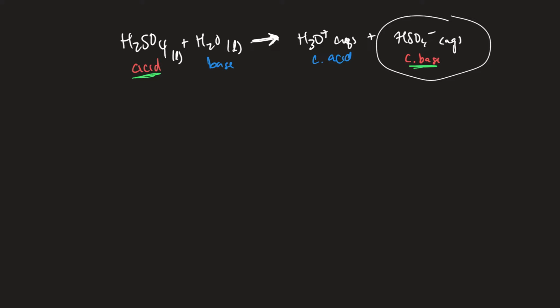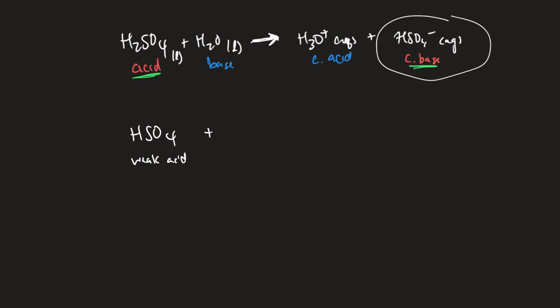But because you also have the second hydrogen, this is a diprotic acid, so chances are HSO4 minus can also give up that hydrogen. But this is what we call a weak acid, because it won't dissociate 100% like H2SO4 can.